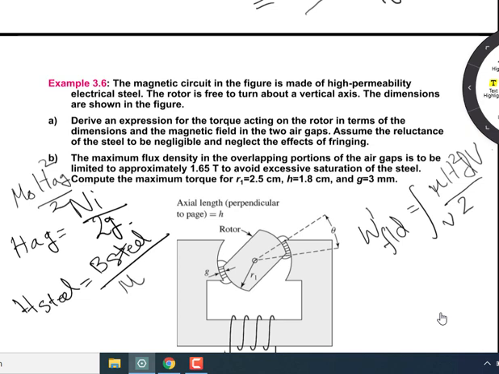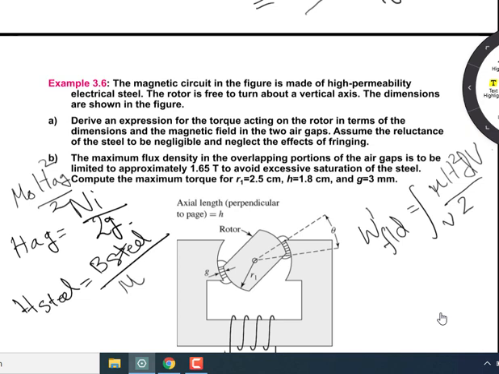Here it is R1, then we must also know the axial length, which is H here.